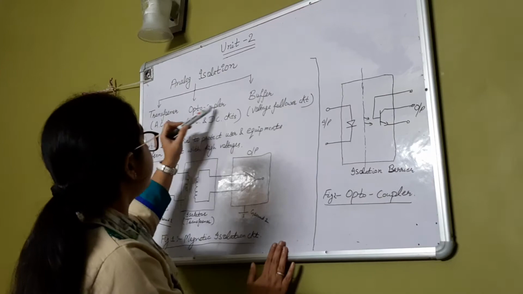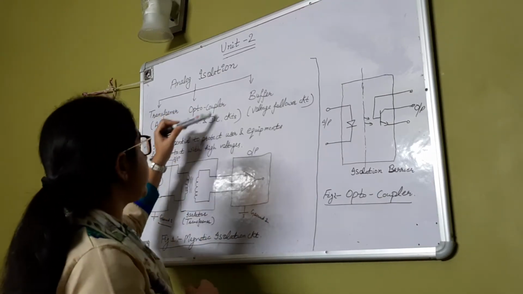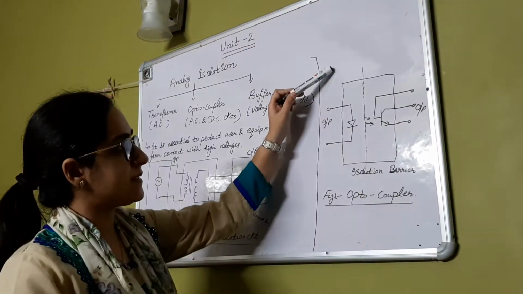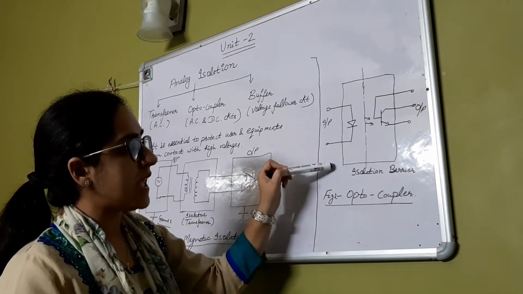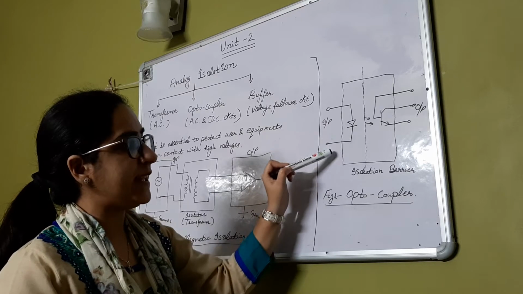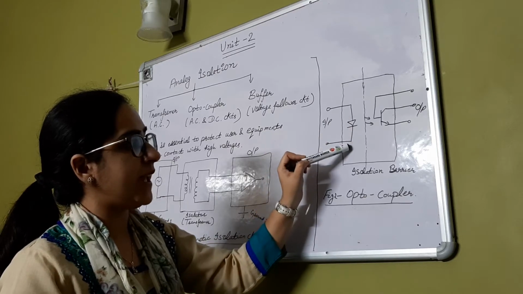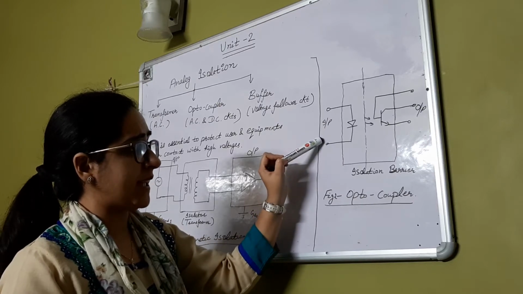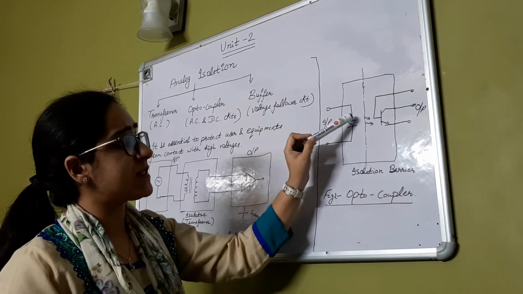Now the next type of isolation which is generally used is the optocoupler. The circuit for the optocoupler is this. Here we are using an LED at the input side. Once the voltage source is connected here, the LED will start to glow.